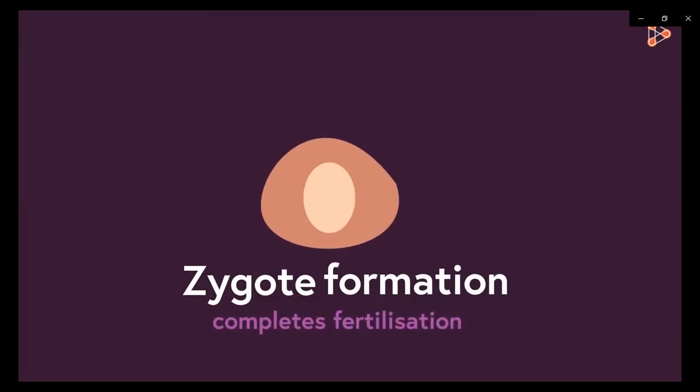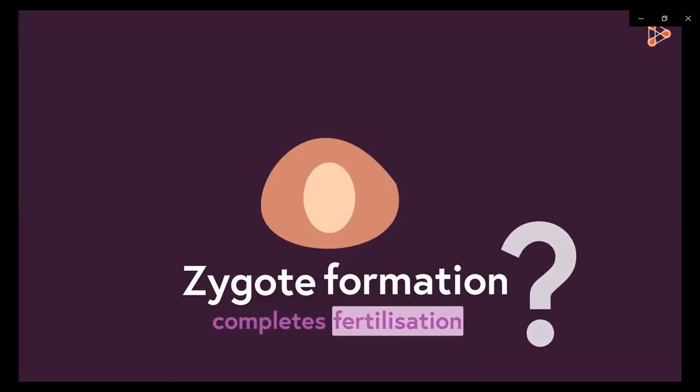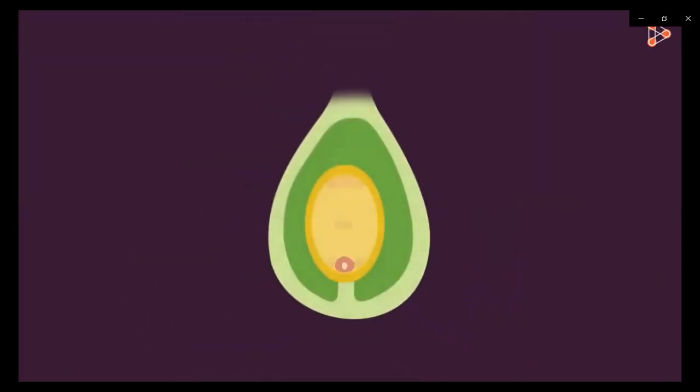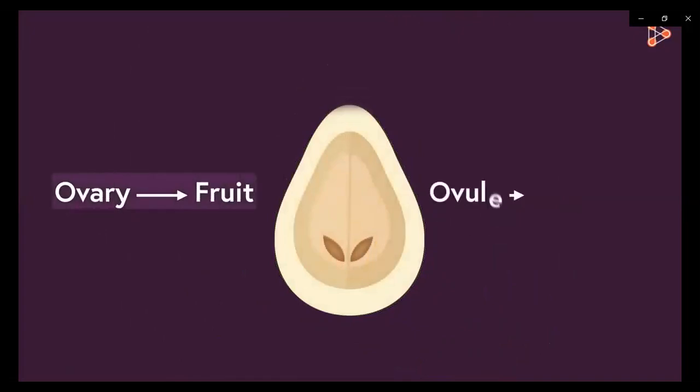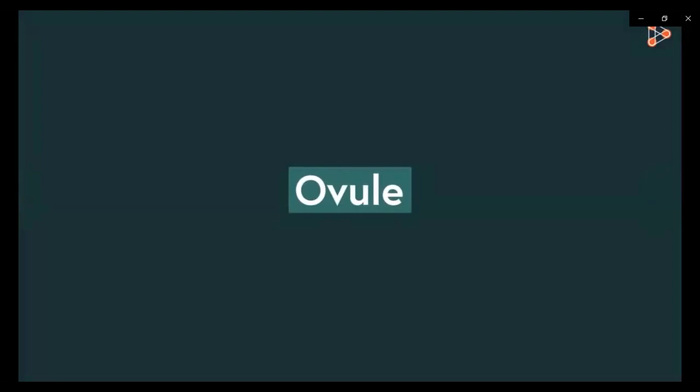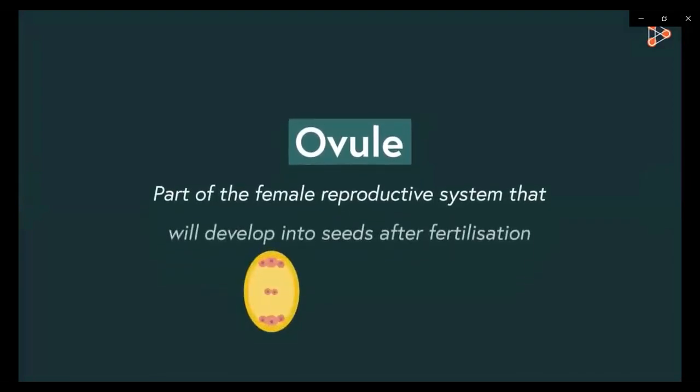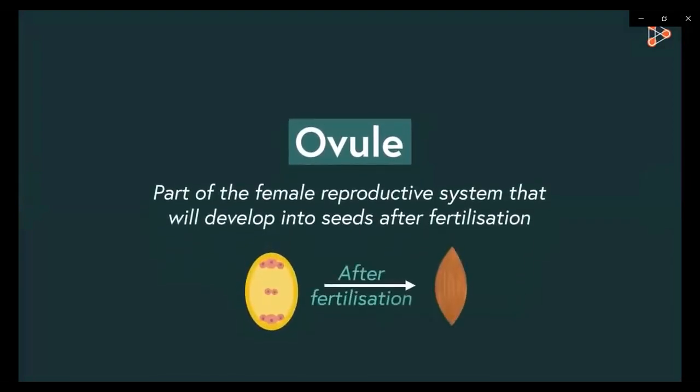What happens next? What will happen once fertilization is successfully accomplished? After fertilization, the ovary develops into a fruit and ovules develop into seeds. What's an ovule? An ovule is a part of the female reproductive system that will develop into seeds after fertilization.